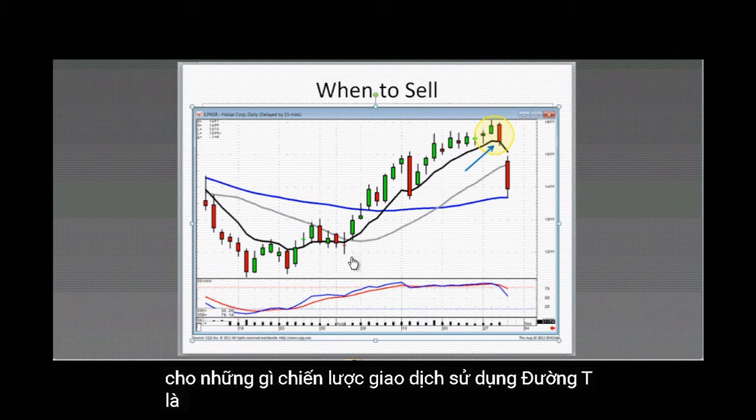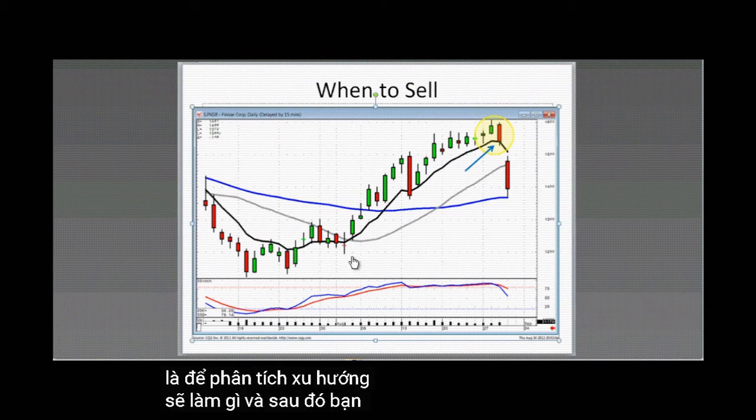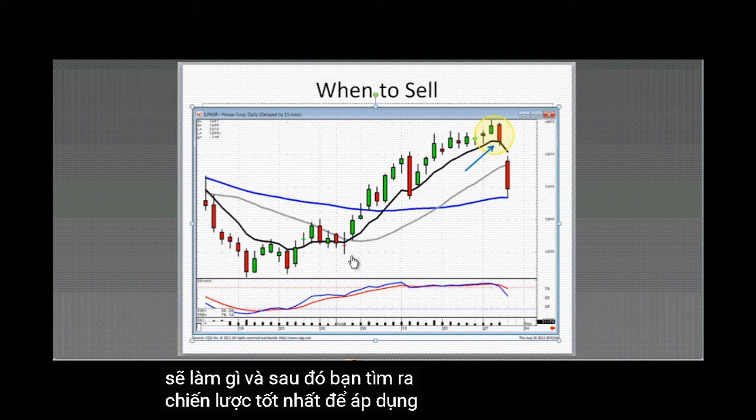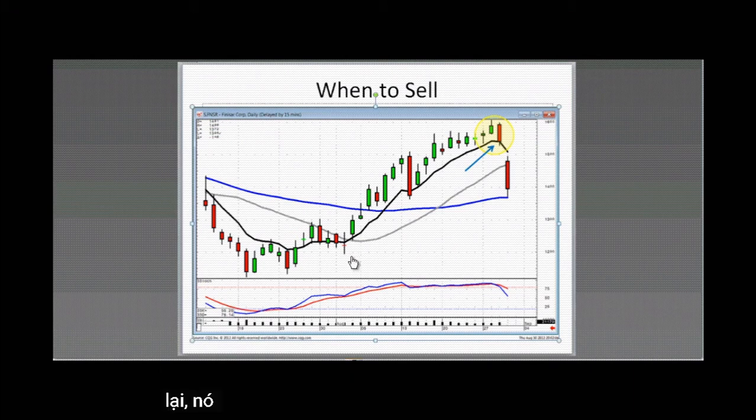The T-line is for analyzing what the trend is going to do, and then you figure out what the best strategy to put on. So again, it's very effective for telling you whether it's time to go long or go short.